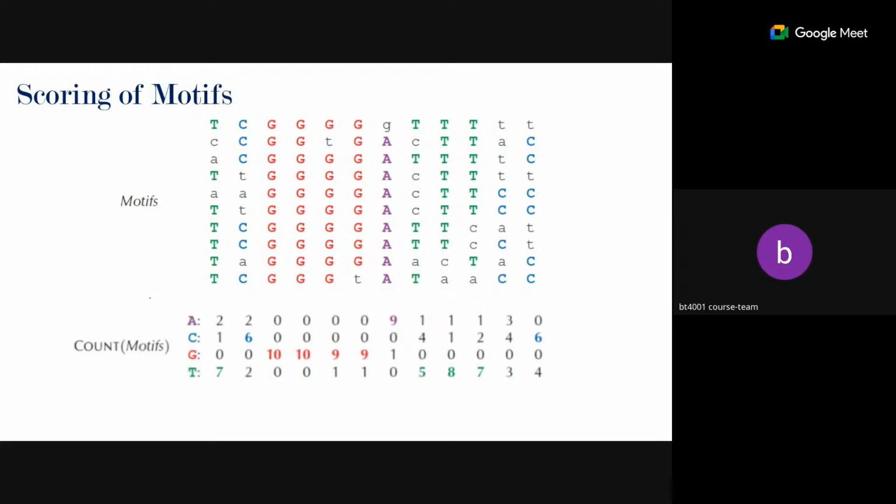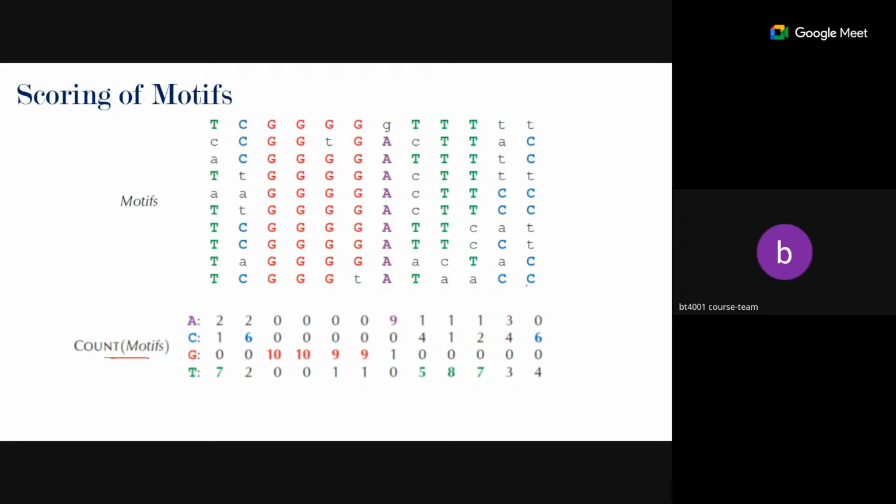Let's go to the count of motifs first and then we'll compare. Count of motifs is a way to rank the motifs. In count of motifs, we count the number of occurrences of each nucleotide at each position.